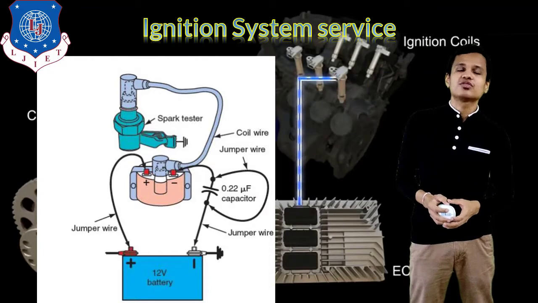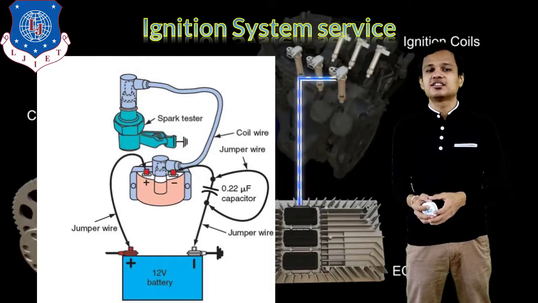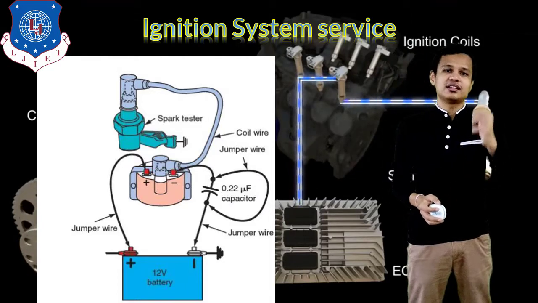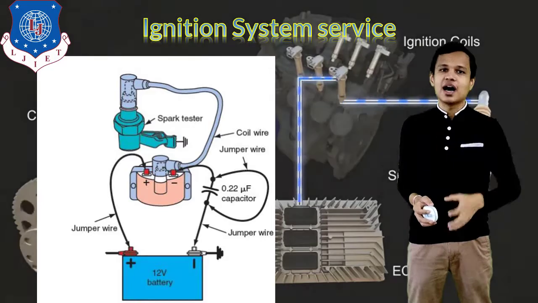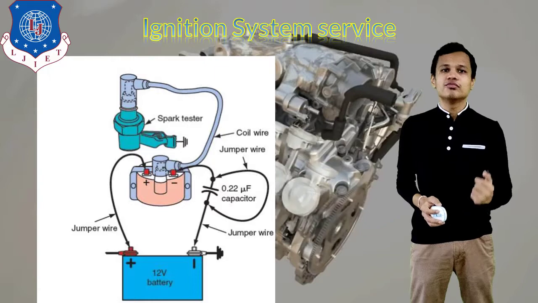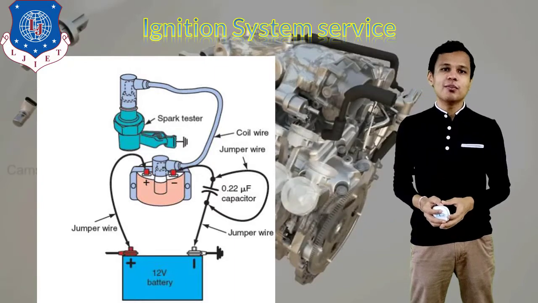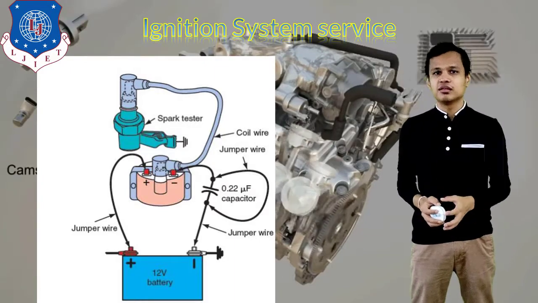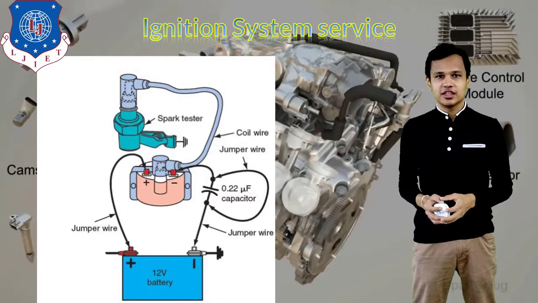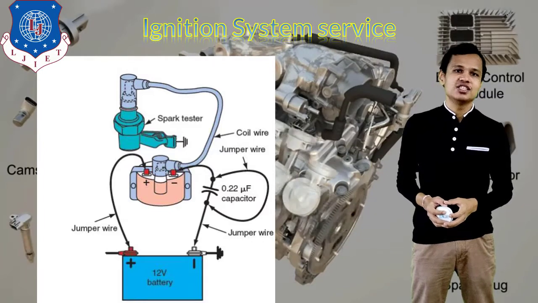The jumper wires will be connected to our ignition system, and after connecting the spark tester, the testing will be done by giving the spark in the system. By this, we will get to know the problem in our ignition system by using this simple circuit of spark testing in the engine.